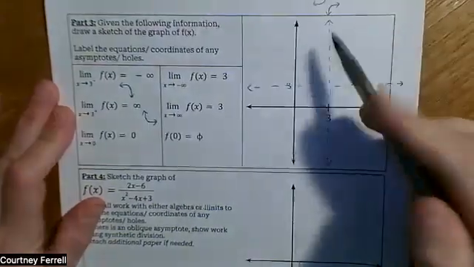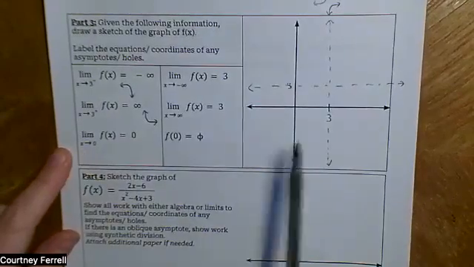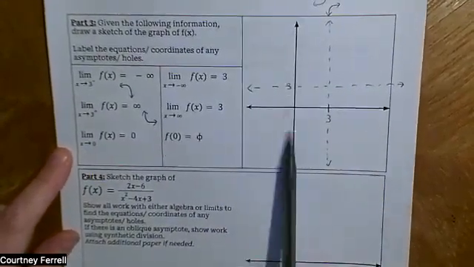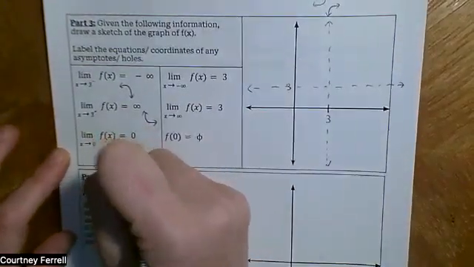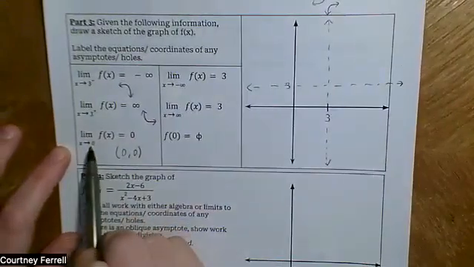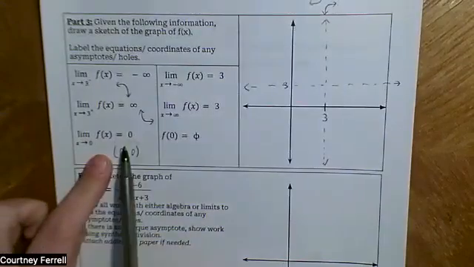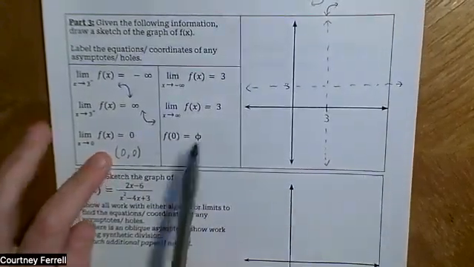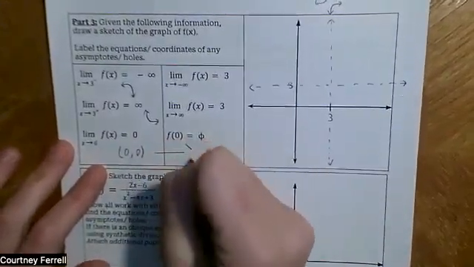But in order to know exactly where to put it, I just want to look here. It says that the limit as x approaches 0, which is along here, of f of x looks like it's going to be 0. So there's probably a point 0, 0. And I know it's going to be coming from the left and right because they have to agree if this is true. However, before I put a closed dot, I see here f of 0 doesn't exist. So this must be a hole.